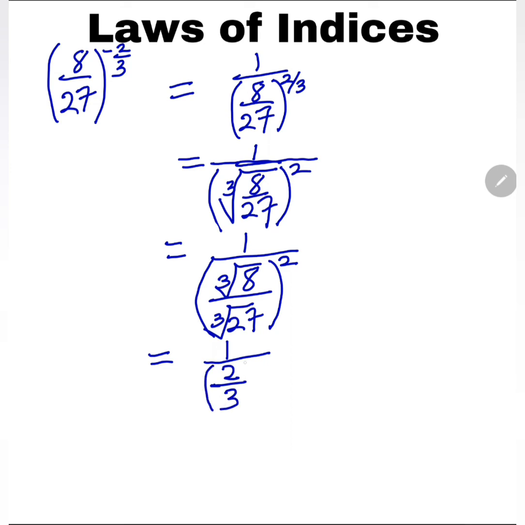Then you put the square outside. Then this can be equals to 1 divided by 2 divided by 3 all squared will give you 4 divided by 9. Because if you do 2 divided by 3 multiplied by 2 divided by 3, you get 4 divided by 9.